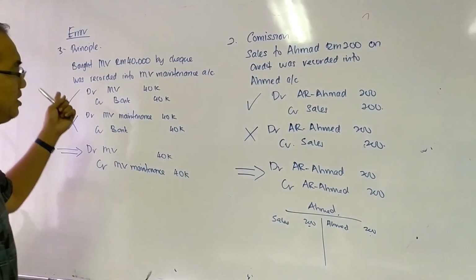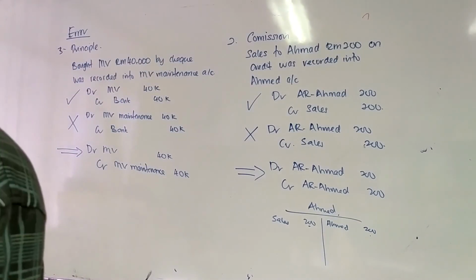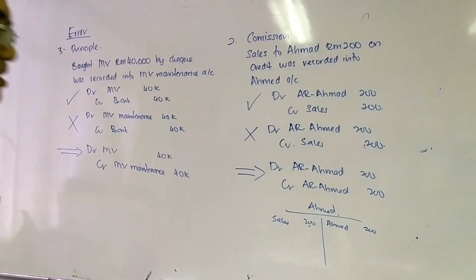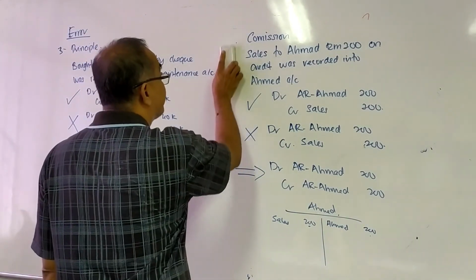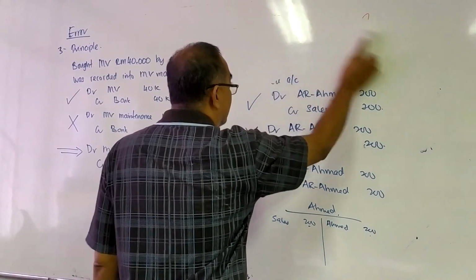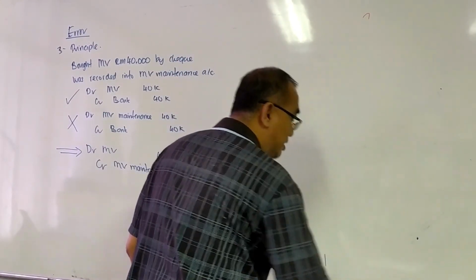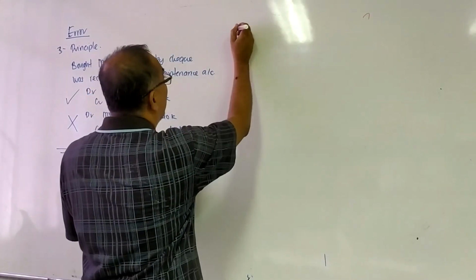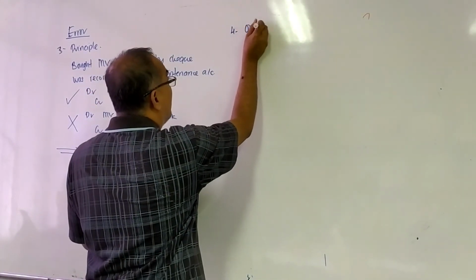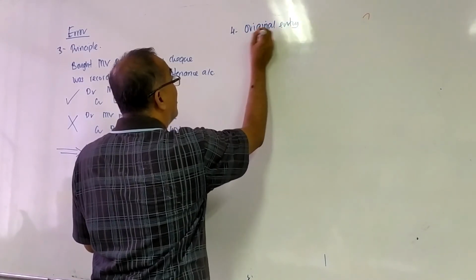Now, after principle, error of what? I can't remember. Error of original entry. Okay, the name is original entry, but from the name you can already know.